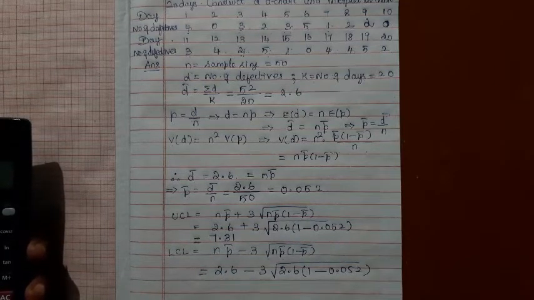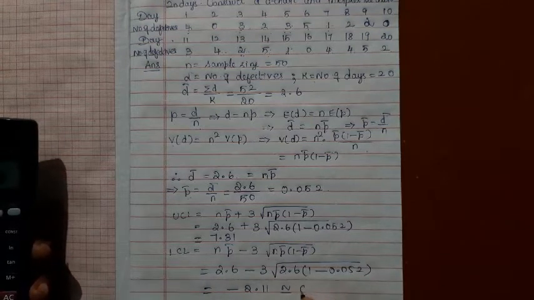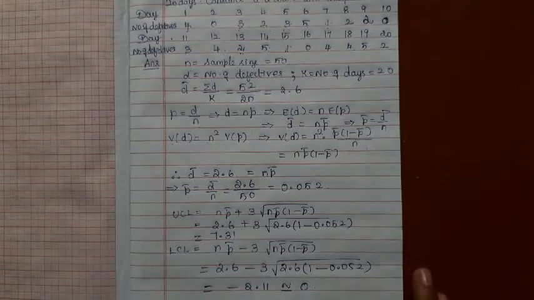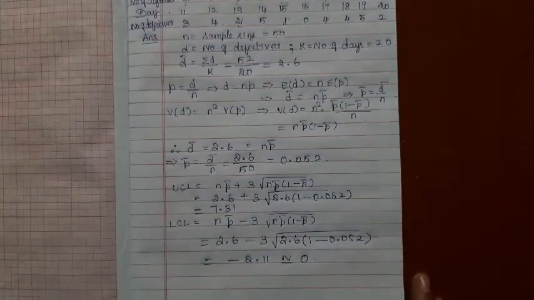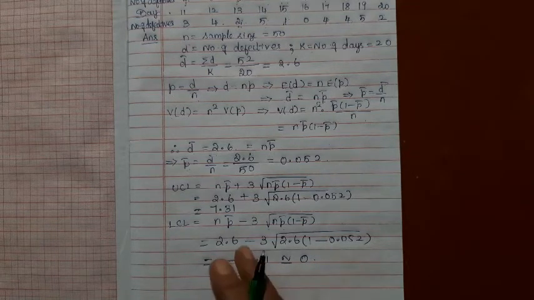The lower control limit is minus 2.11, but it should not be negative. Number of defectives is a non-negative variable, right? So you should round it as 0. It cannot be negative. Okay, fine.